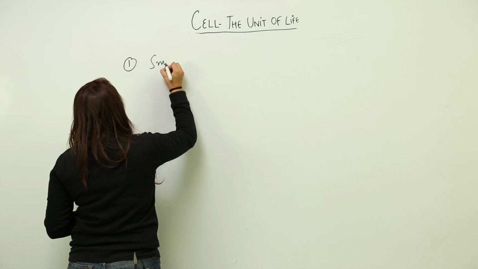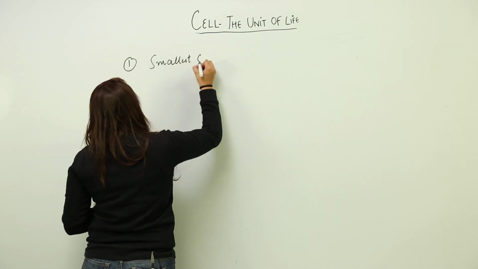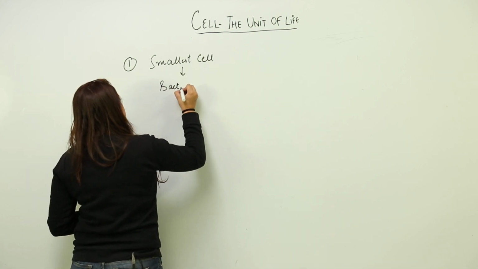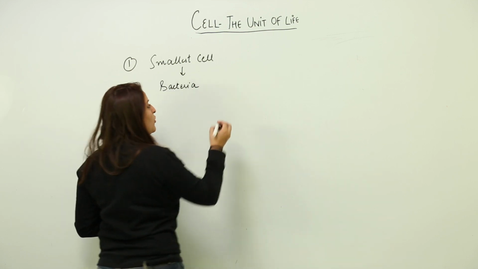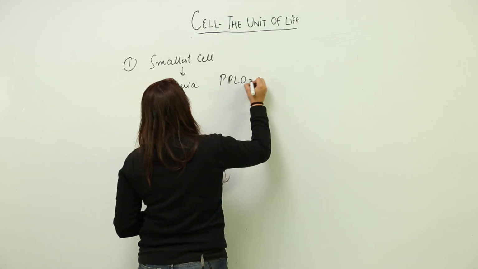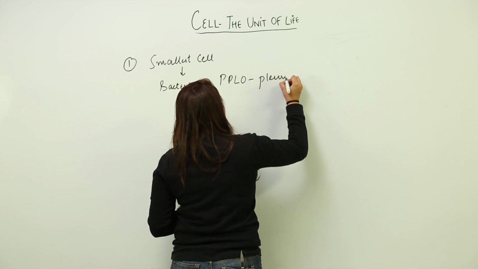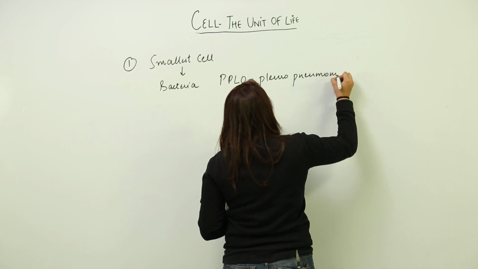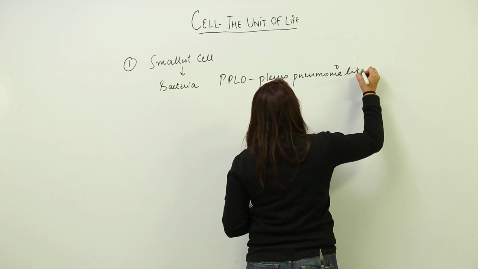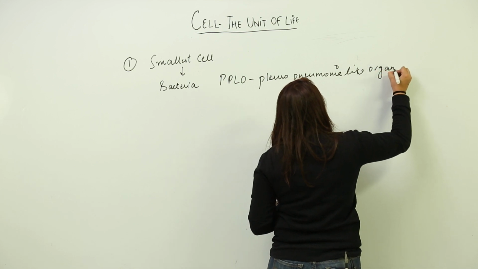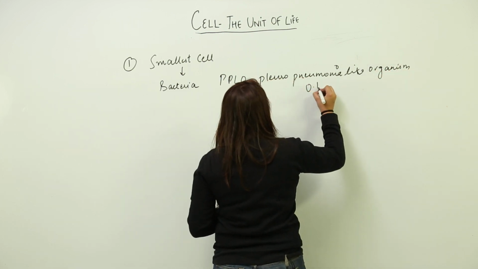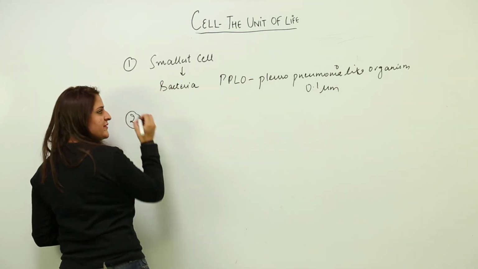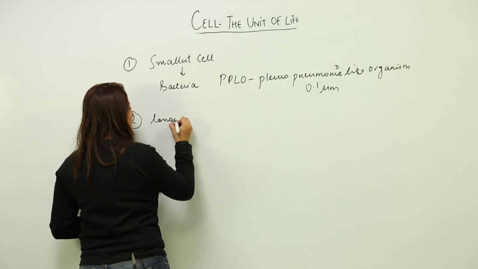The smallest cell is that of bacteria, basically PPLO, which is pneumonia-like organism. This is the smallest cell which ever exists, and its size is 0.1 micrometer.